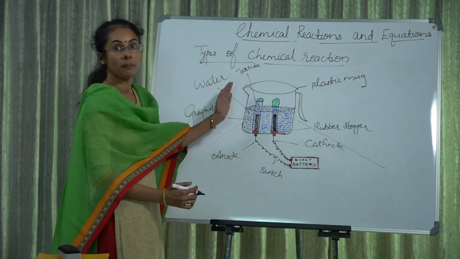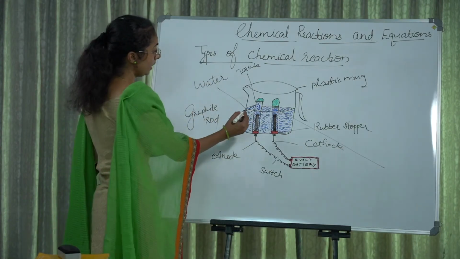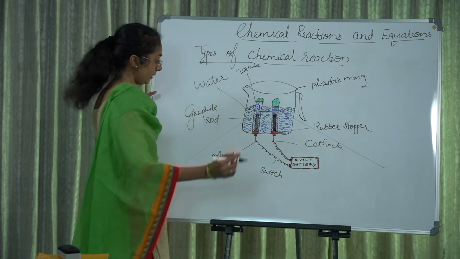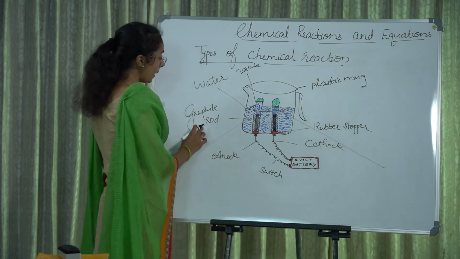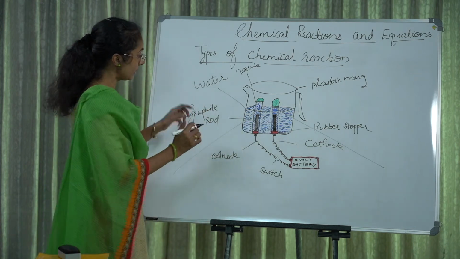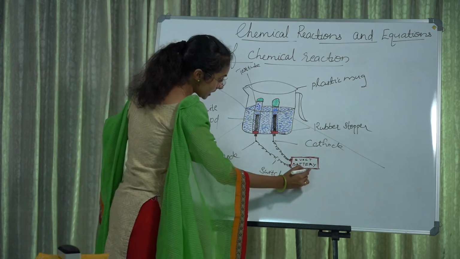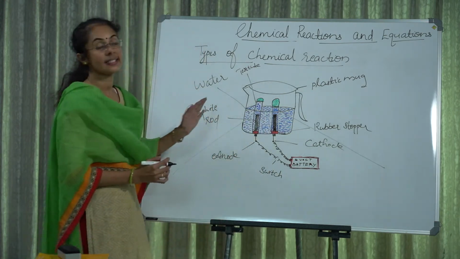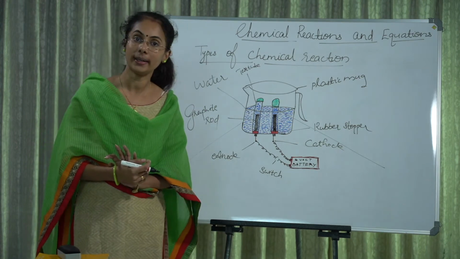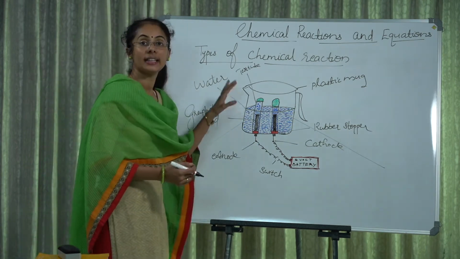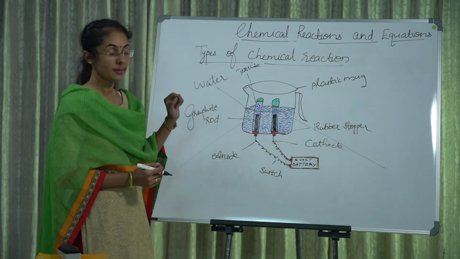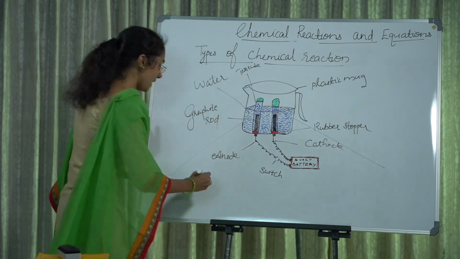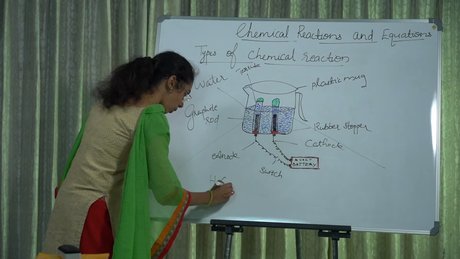Take one plastic mug, then two test tubes filled with water. Then these are carbon rods, graphite rods, and one 6-volt battery. In this case, this is electrolysis of water. The electricity is passing through this water, H2O.